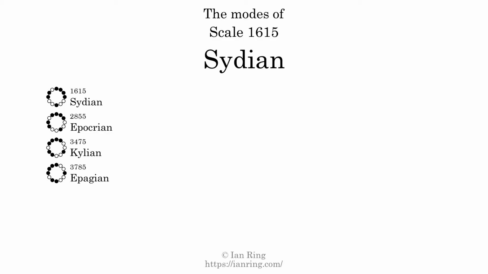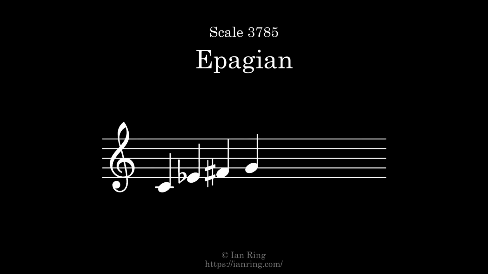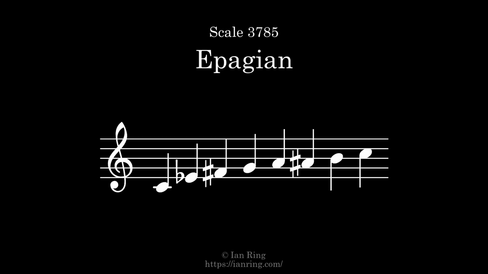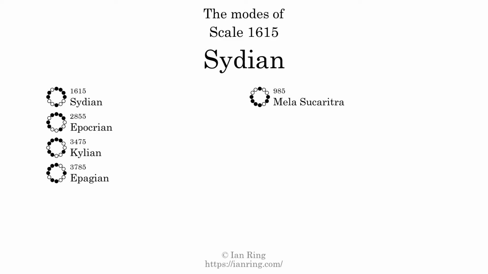The fourth mode is scale 3785, also known as Apocryphon. It sounds like this. The fifth mode is scale 985, also known as Sukaratra. It sounds like this.